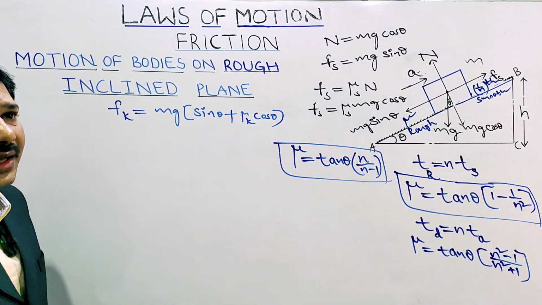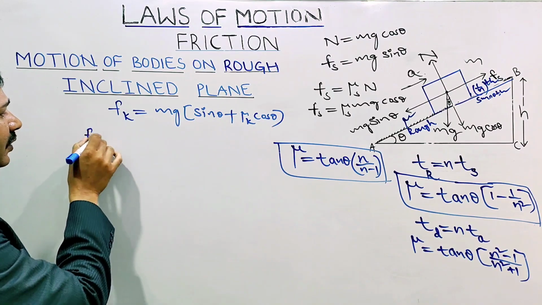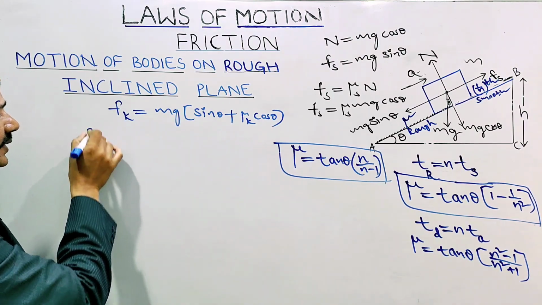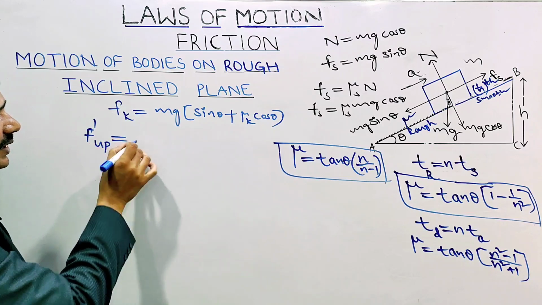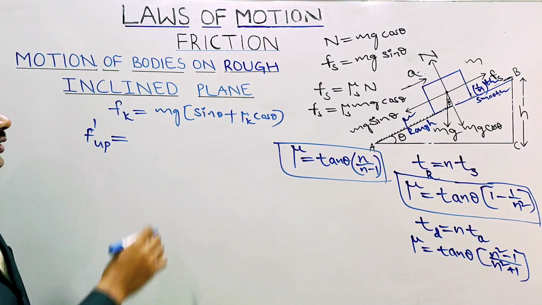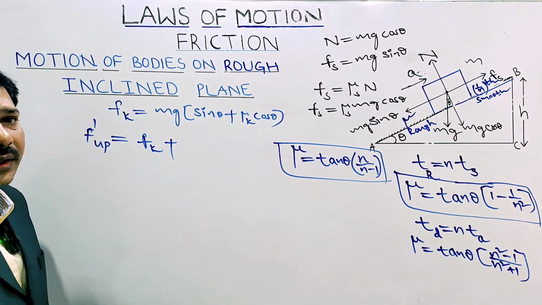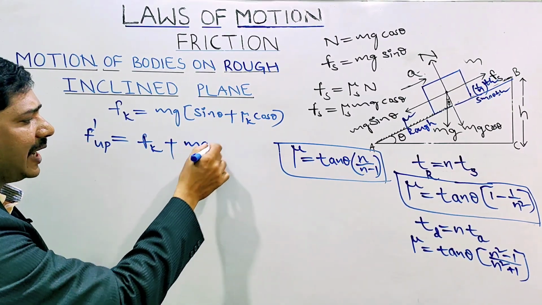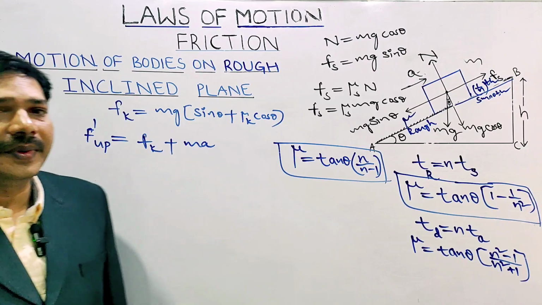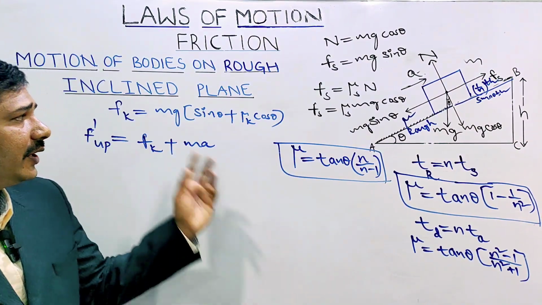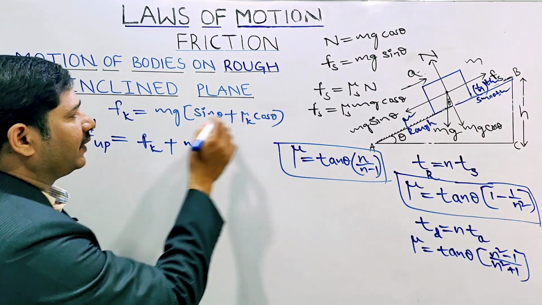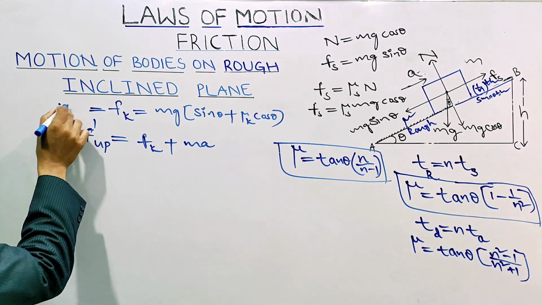Here, what are they saying? The resultant force to slide up. So for sliding up, what are they saying? The frictional force plus the force ma we can take. They have only given this value, how much? 100 newtons they have given here.